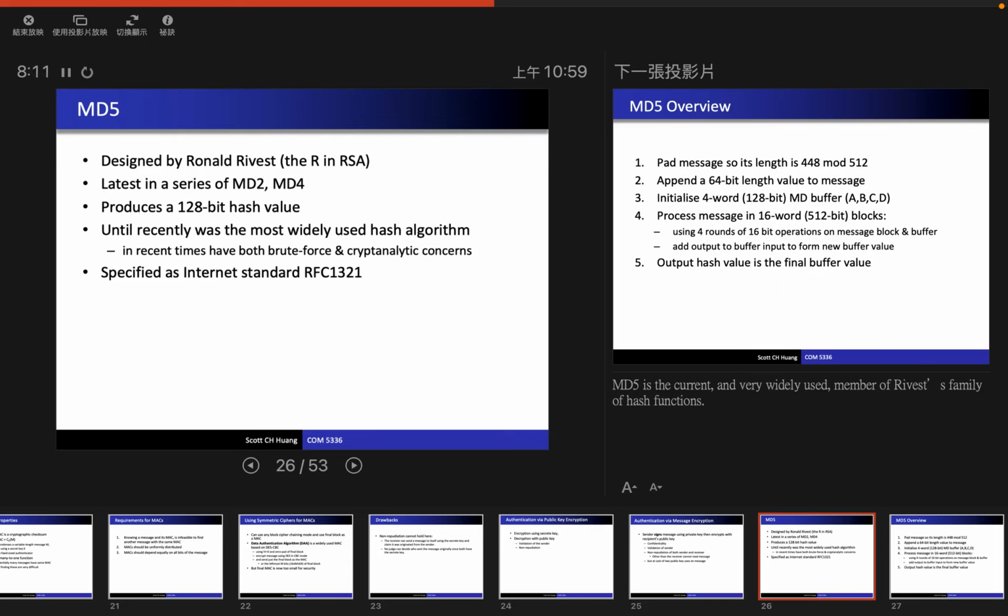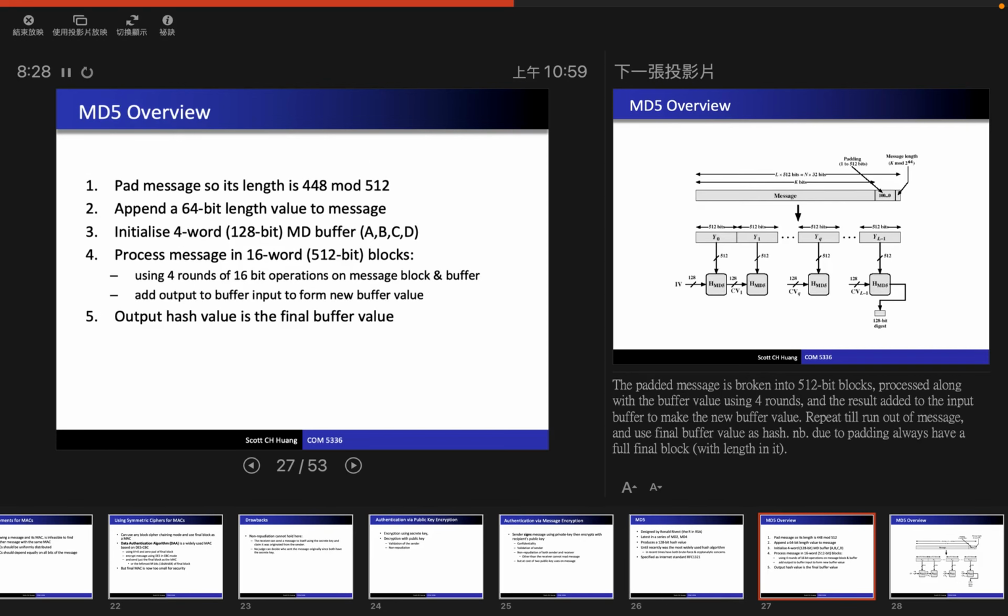It was the most widely used hash function until 2004, until 18 years ago. It's not used anymore, but it gave us the basic ideas of how hash functions are designed.